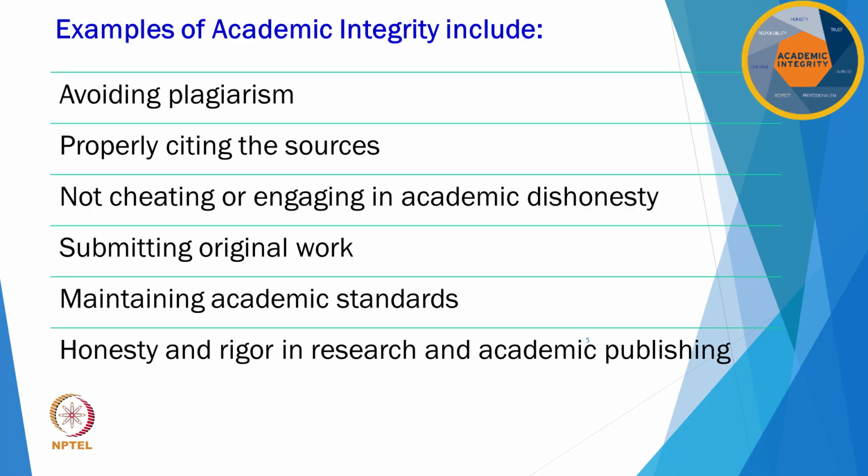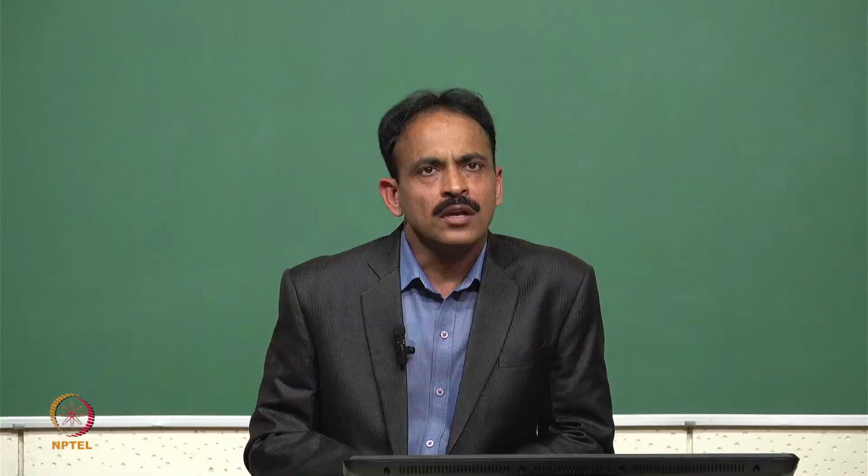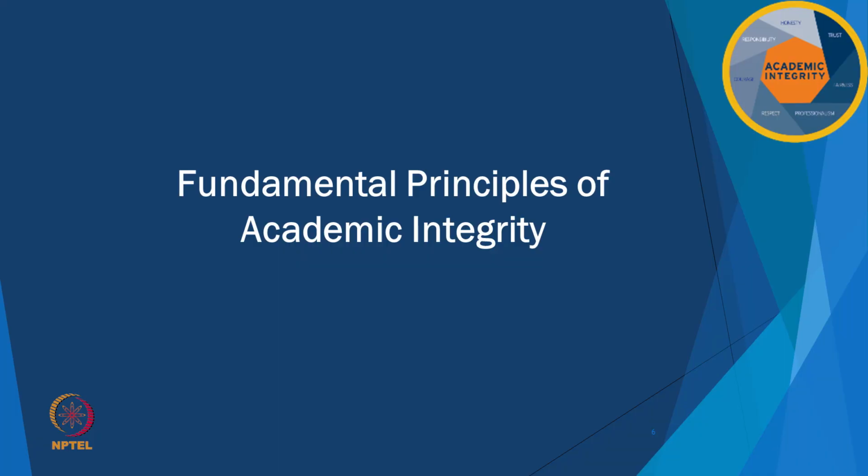Some of the example of academic integrity includes avoiding plagiarism, properly citing the sources, not cheating or engaging in academic dishonesty, submitting original work, maintaining academic standards, honesty and rigor in research and academic publishing. So these are some of the examples of academic integrity. Now let's discuss some of the fundamental principles of academic integrity.